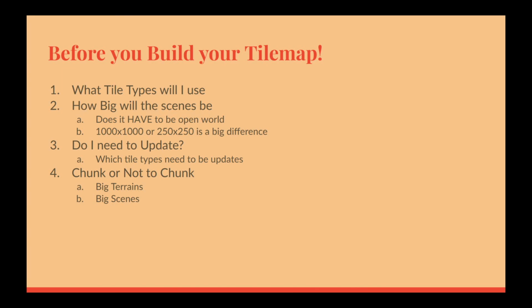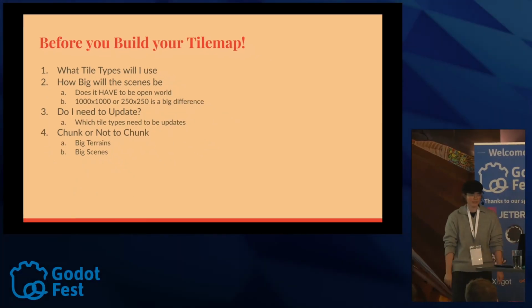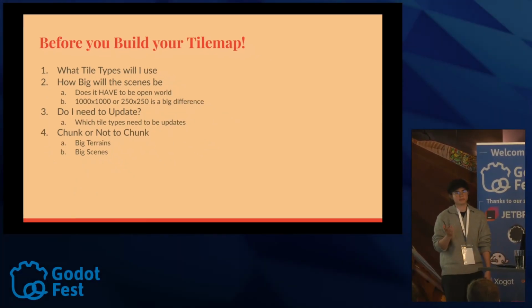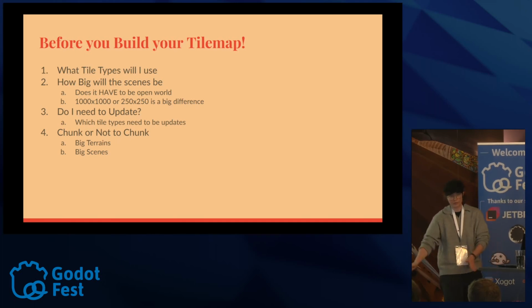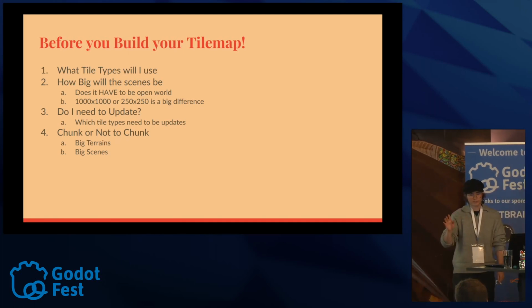So, do you need to update? In my game, you can chop trees. With the trees, you're updating the scene tile. You can cut the grass. Even something as simple as, okay, you have a grass terrain, do you want to dig and then there'll be sand? That's actually much harder than cutting a tree, because cutting a tree, you're just deleting the scene.